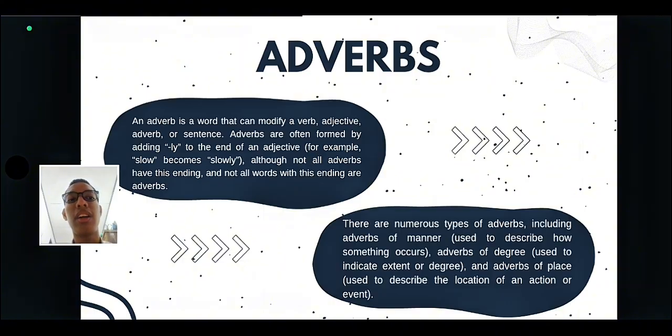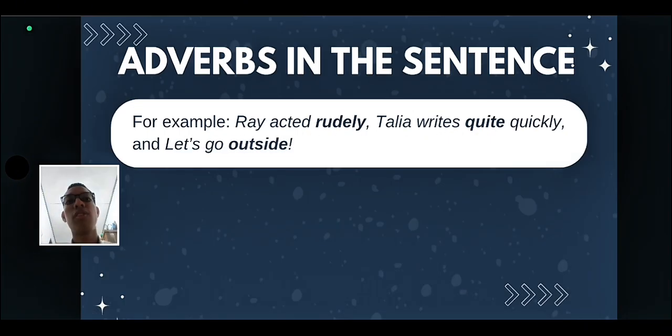There are numerous types of adverbs, including adverbs of manner, adverbs of degree, and adverbs of place. For example, in the sentences: Ray acts rudely. Talia writes quite quickly, and let's go outside.